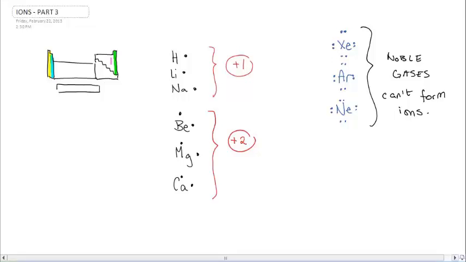Now let's move in one space from the right, and we have elements such as chlorine, bromine. Now each of these are distinct elements, but again they have similar properties, and one of the reasons they have similar properties is that they all have 7 valence electrons.